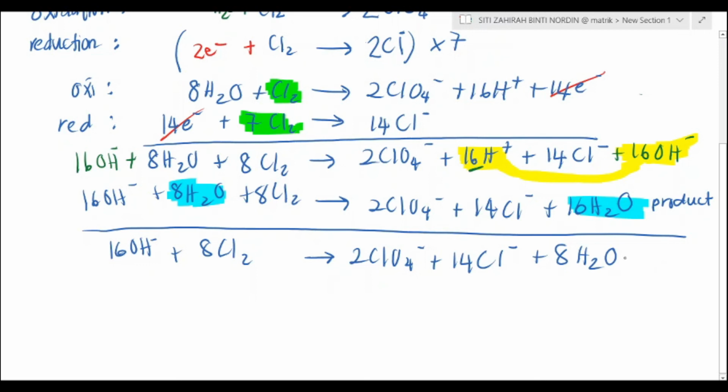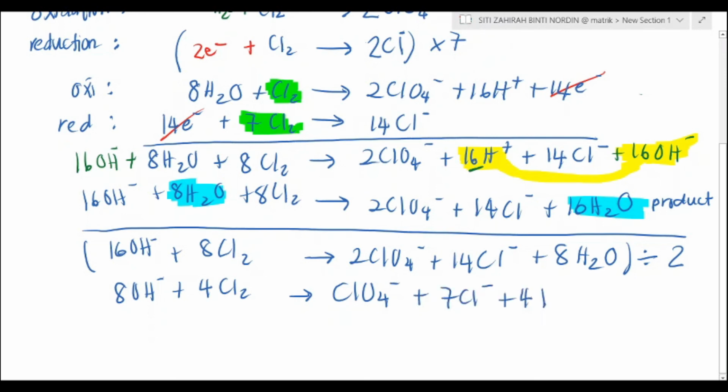Do you think you are done yet at this point? No, not yet. You can divide all of the moles by 2 to get the smallest whole numbers. So this would be 8OH minus plus 4Cl2 to form ClO4 minus plus 7Cl minus plus 4H2O. This is your final equation in basic medium.